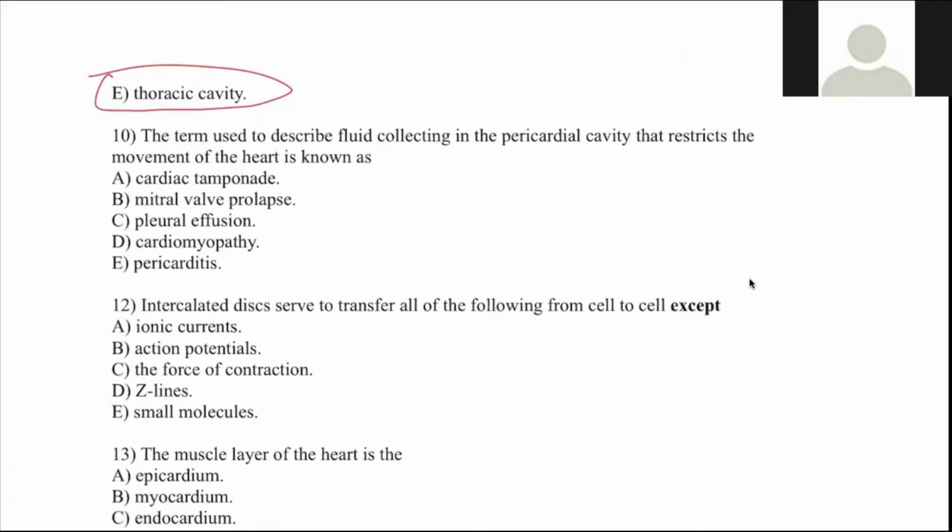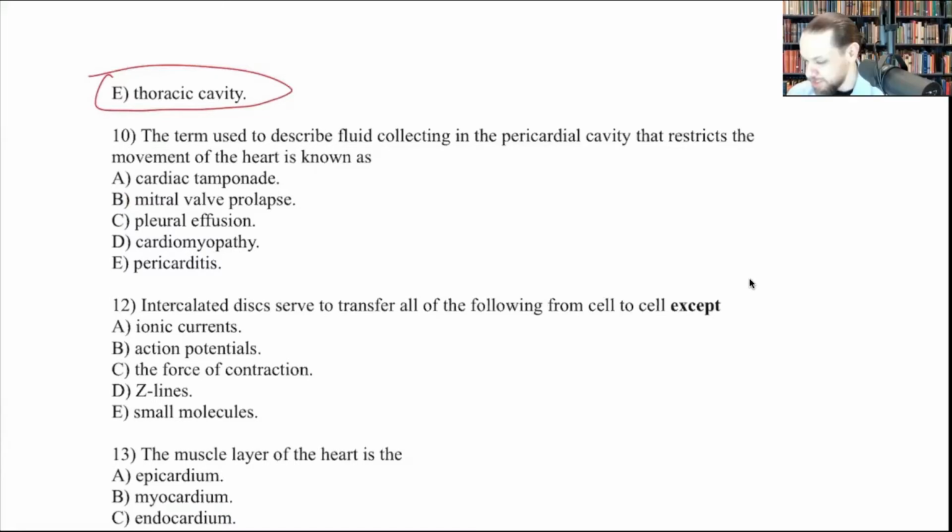The term used to describe fluid collecting in the pericardial cavity that restricts the movement of the heart is known as cardiac tamponade. So this question is a poor question, to be quite honest with you. That should be called pericardial effusion.